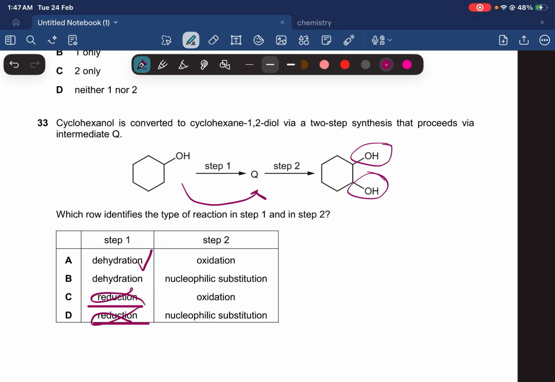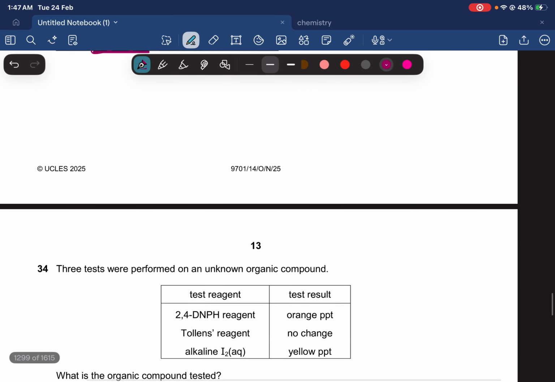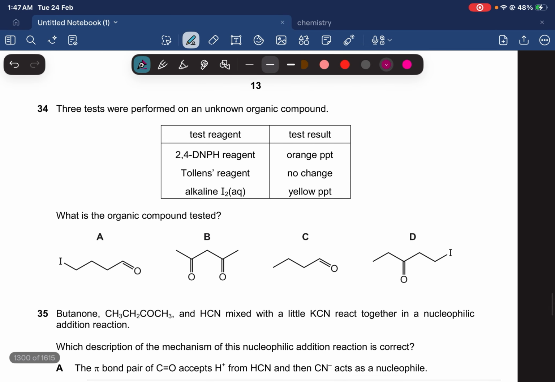First we dehydrate, we're going to form a double bond here. And once we form a double bond here, we add acidified cold KMnO4, and then we're going to get a diol. So it's oxidation, and the oxidizing agent is not K2Cr2O7, remember. K2Cr2O7 cannot oxidize alkenes. So it's going to be KMnO4.